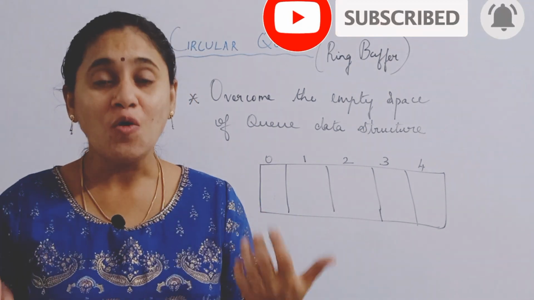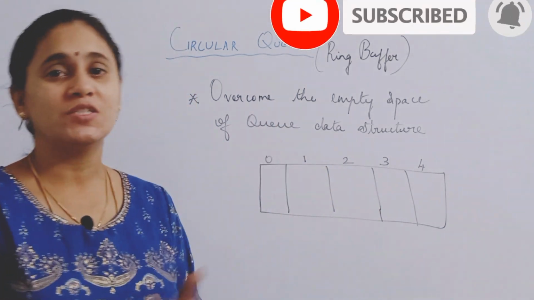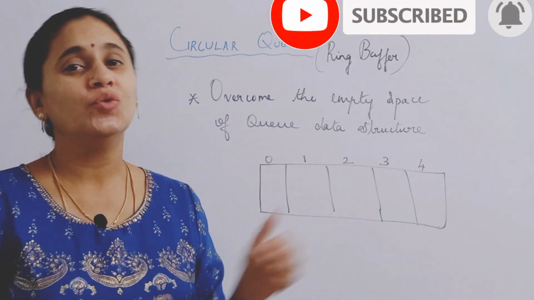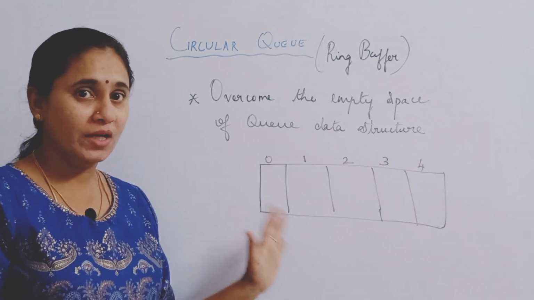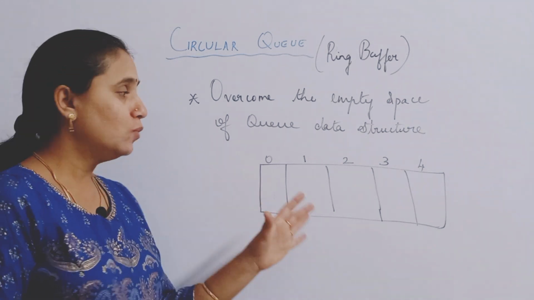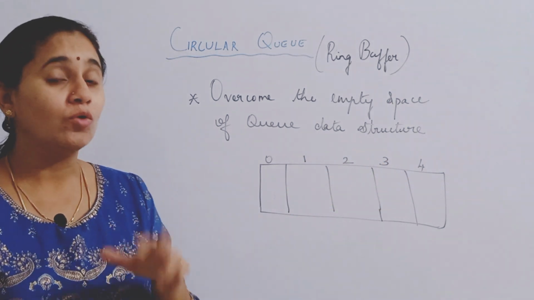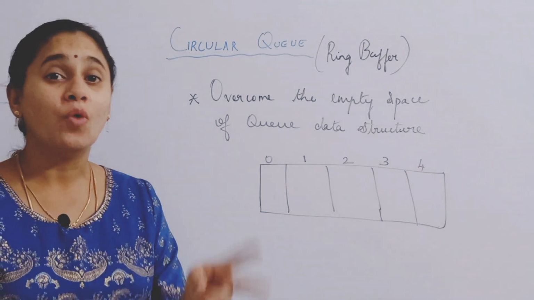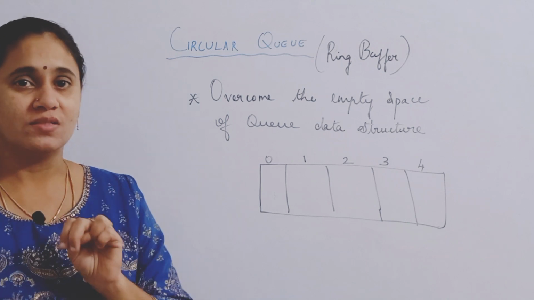Okay friends, so now we will find what the problem present in the queue data structure is. This is the diagram of a queue data structure, and I am going to insert the elements. Please think and tell me how many pointers we are using in the queue data structure. We are using 2 pointers, isn't it?